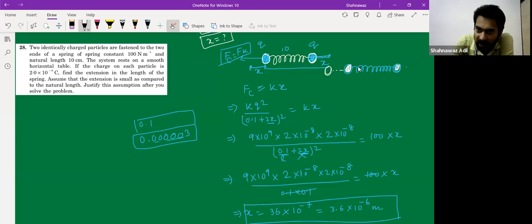So this will stretch this spring up to this point. And this will also repel, so this will again come to this point. So this will have this x distance. Then the spring will pull this with the restoring force in this direction. So this Fk will be this Coulombic force. Is that clear, Tarif?